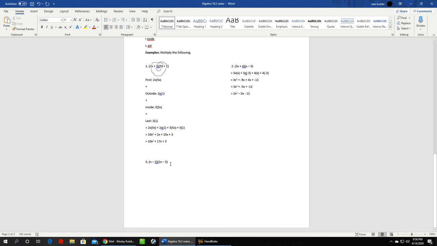First, I'm going to bring it back up a little so I have more room. So you do the first ones again. So it's the first terms, n, 2n, plus, then you do the outsides, so n again, and then the negative 5, plus. Now the inside, negative 2, is 2n, plus, and the two end ones last.